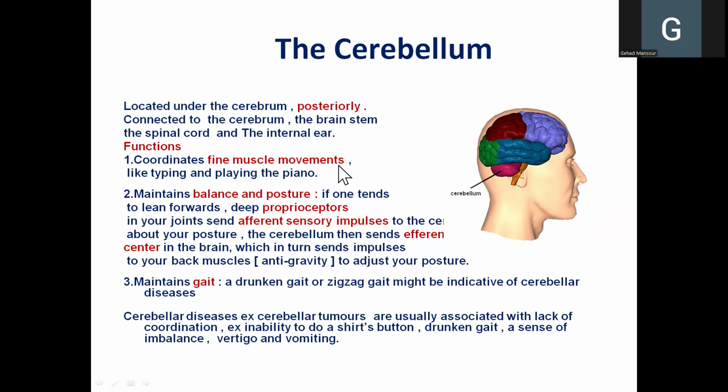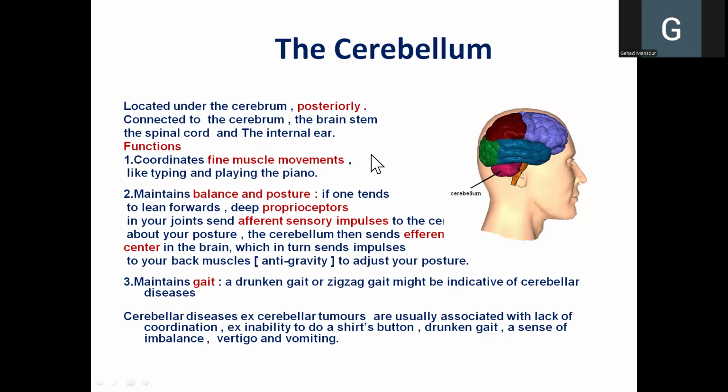Where you need the coordination of the cerebellum most is when you have fine, small muscles that have to contract and relax at a very rapid rate, like the small muscles of the fingers, the muscles of the face sometimes, but the typical example is typewriting or playing the piano.